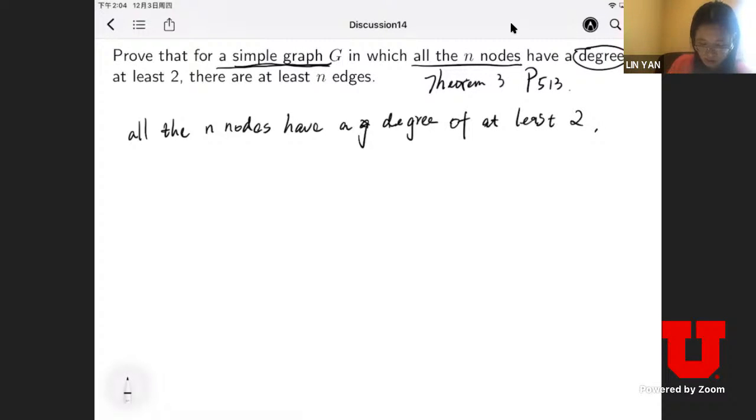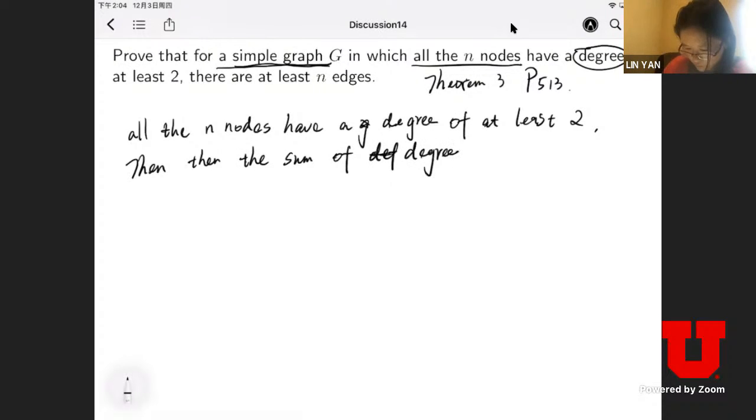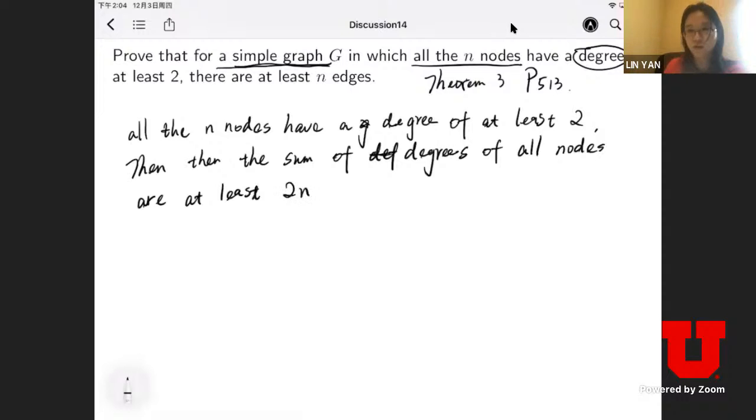Which means the sum of the degrees of all nodes is at least 2n. Any questions about this statement?